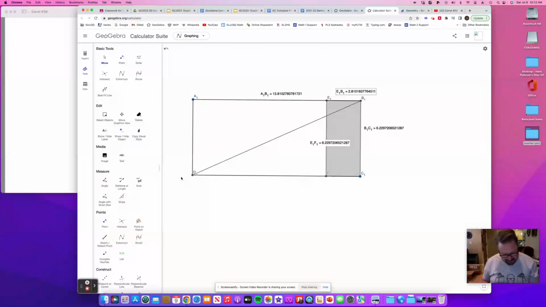So the first one, 13.8103 divided by 6.2297 is 2.217.